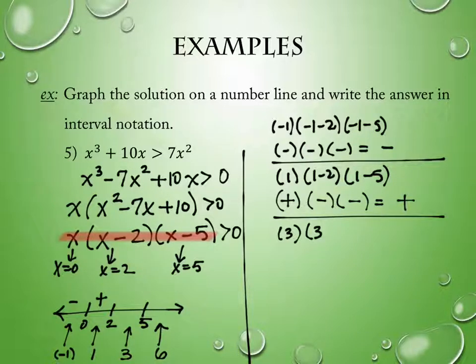So 3 times, and then 3 minus 2, and 3 minus 5. So 3 is positive. 3 minus 2, positive or negative? Positive. And 3 minus 5? Negative. So positive, positive, negative is negative.